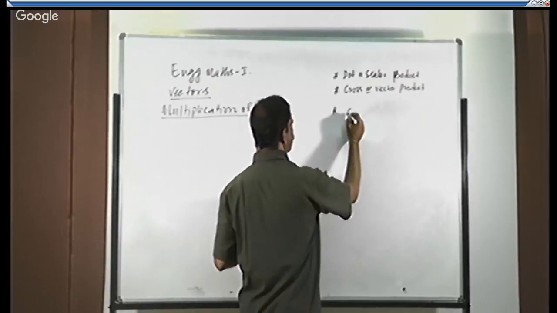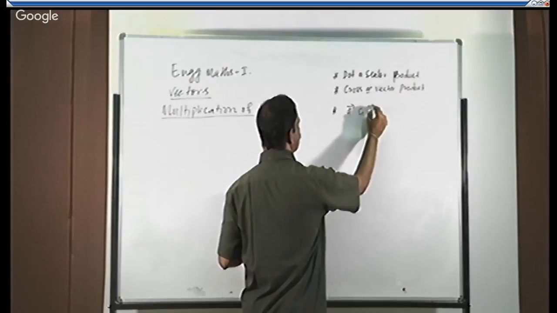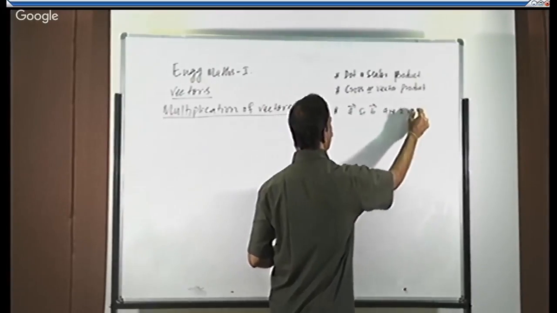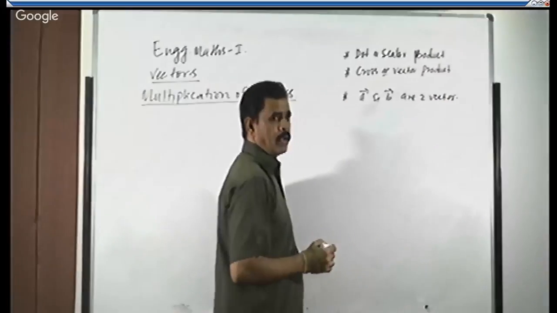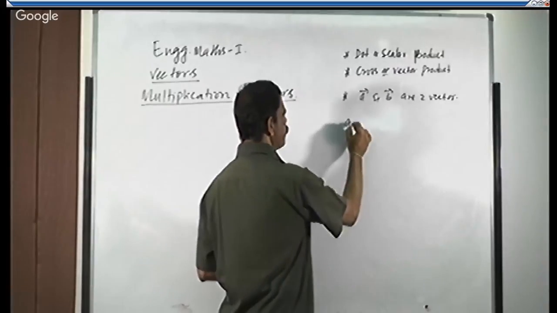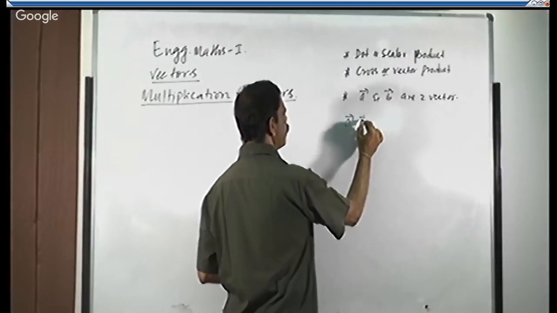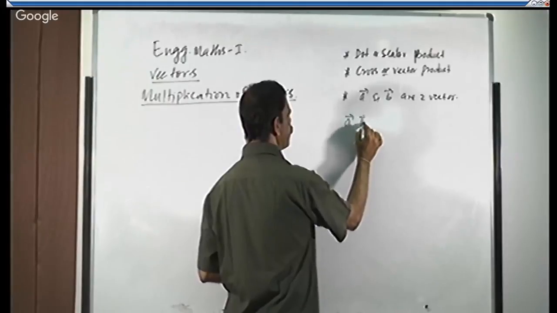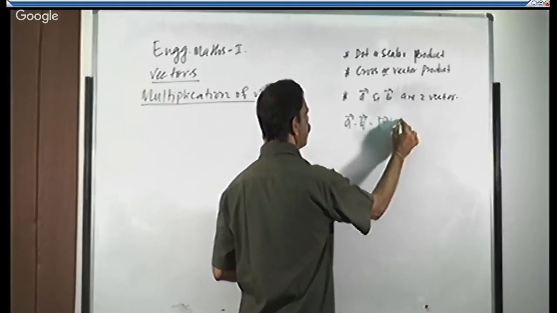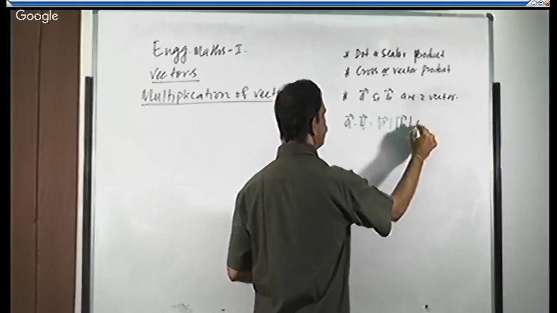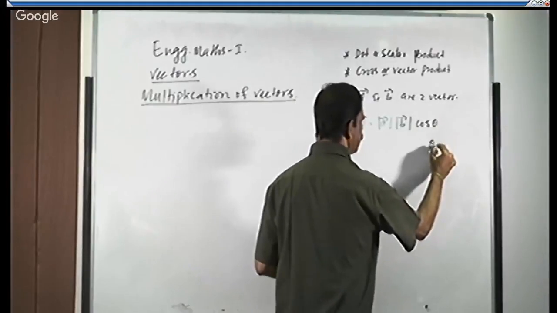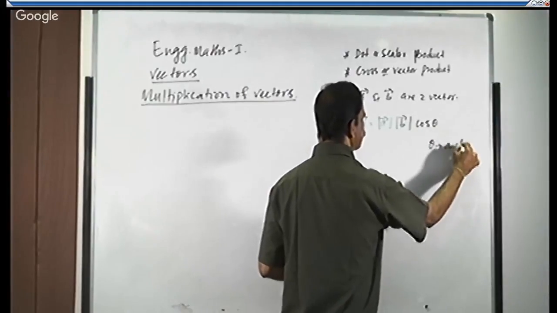Suppose A and B are two vectors. According to the definition of dot product, A dot B is equal to magnitude of A, magnitude of B into cos theta. What is theta? Theta is the angle between the vectors.